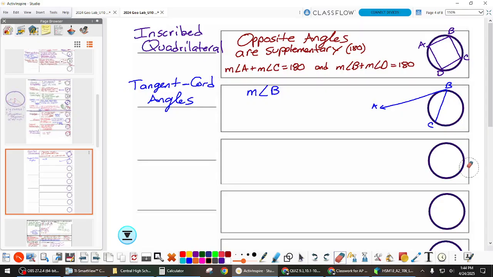Okay, so here's the relationship. Measure of angle B is 1/2 the measure of arc BC. So go ahead and highlight that arc. So it's half the intercepted arc.